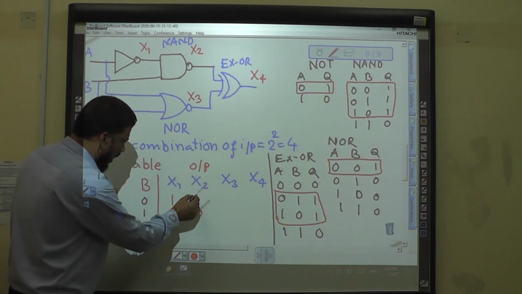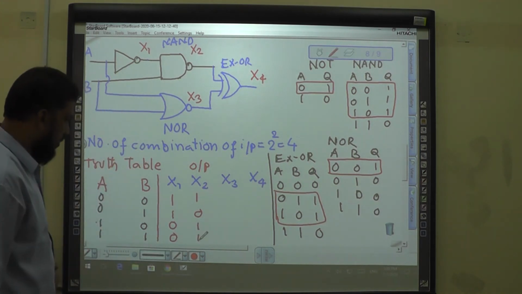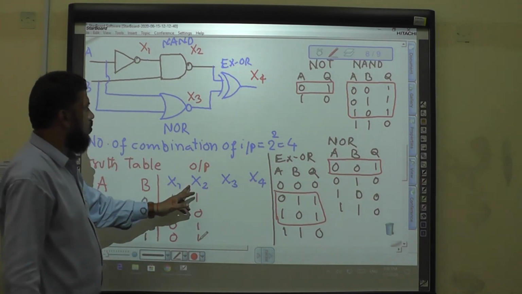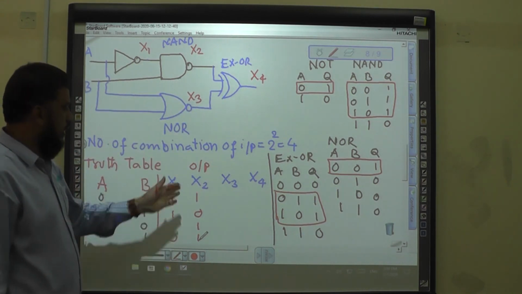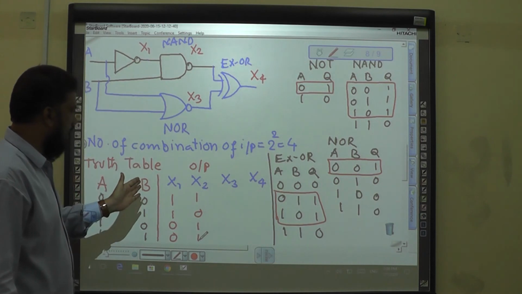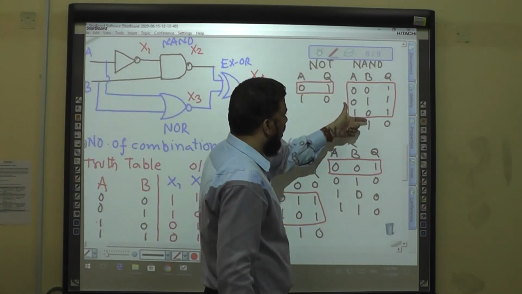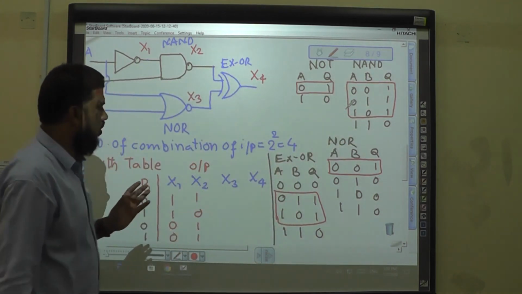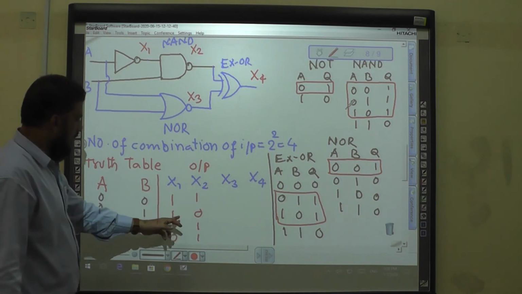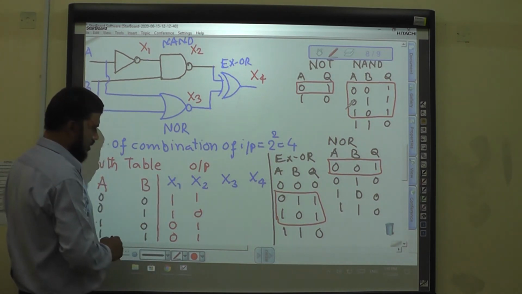Remaining all are high. Understand? x2 is the output of the NAND gate. So we are writing here x2 as B and x1.